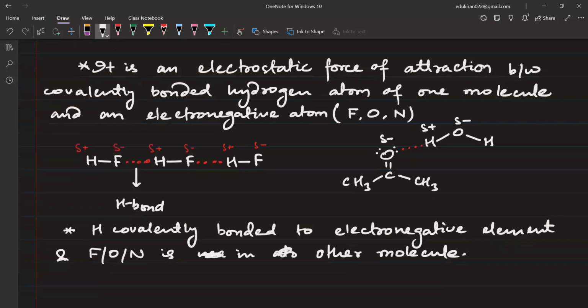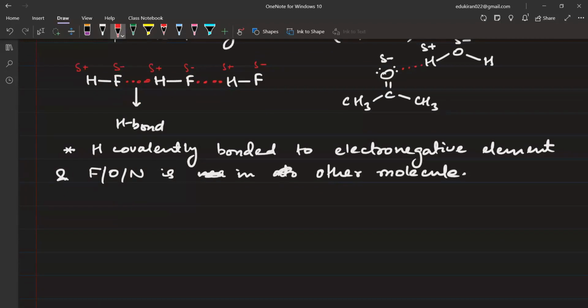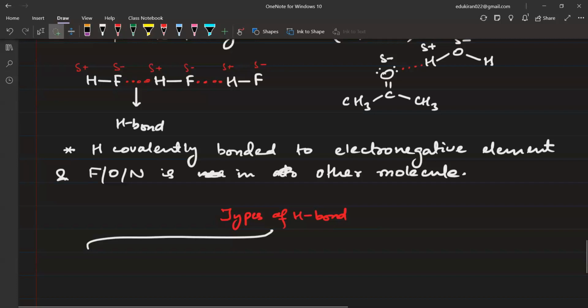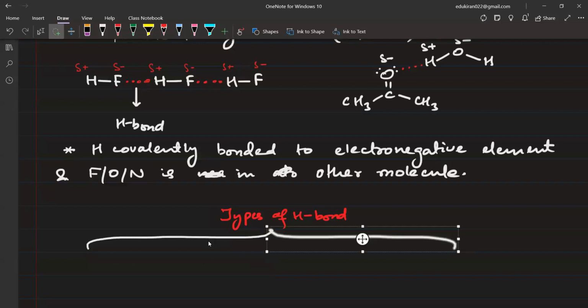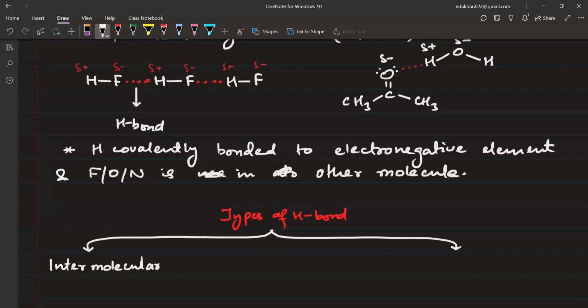Okay. Now there are two types of hydrogen bond. Types of hydrogen bond: one is intermolecular hydrogen bond, and the other one is intramolecular hydrogen bond.